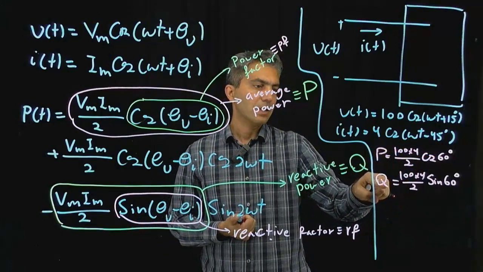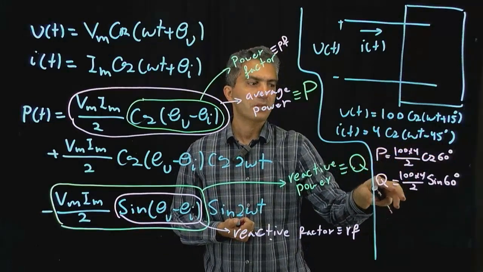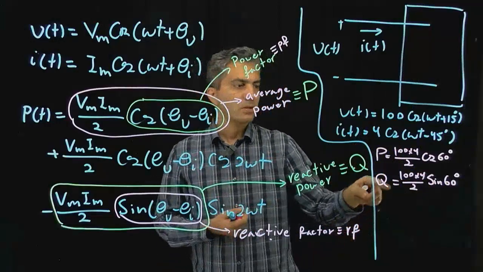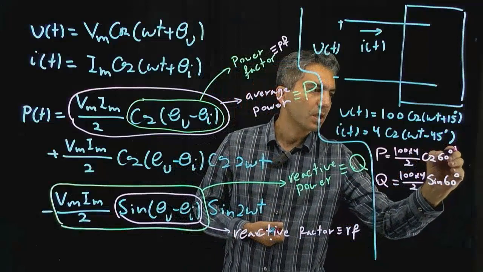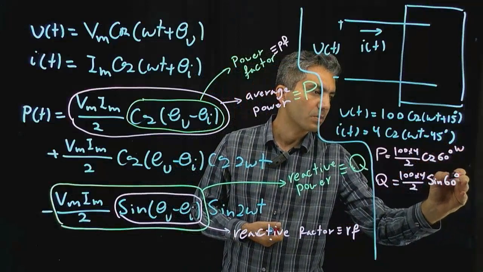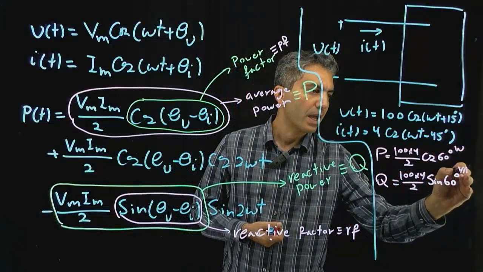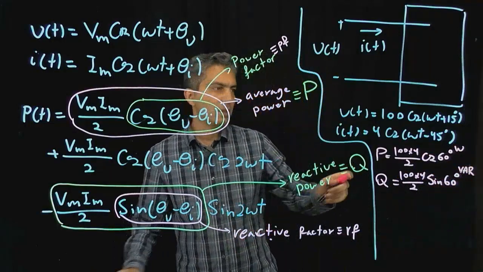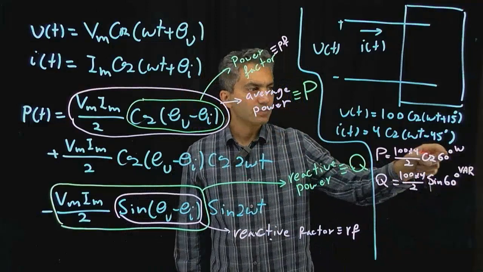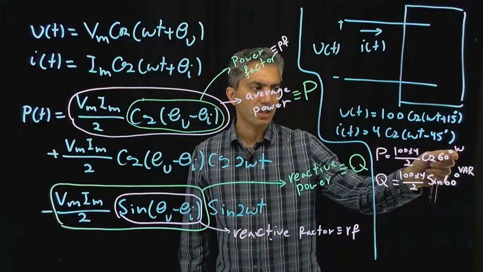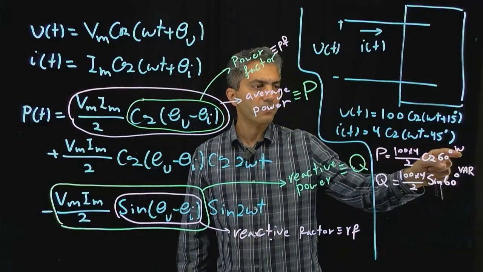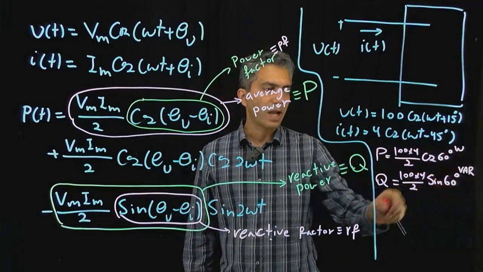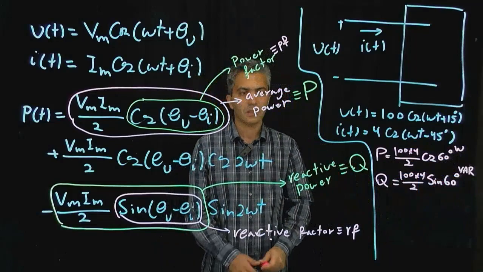In other words, this same load is conserving this amount of power in the form of a magnetic field. The unit for this one, again, is watts, and the unit for this one is volt-amp reactive. So the difference between the two we indicate by using a unit of watts for the average power and a unit of volt-amp reactive for the reactive power.